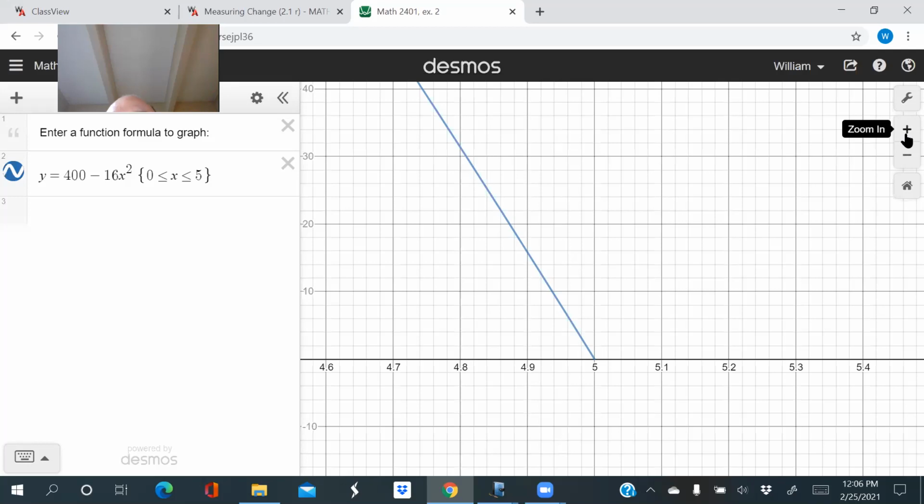But I want to point out that there's no reason we cannot keep zooming in. We could keep zooming in until we break the computer. I don't know how robust Desmos is, but our minds are very robust, so we could keep zooming in indefinitely in our mind.